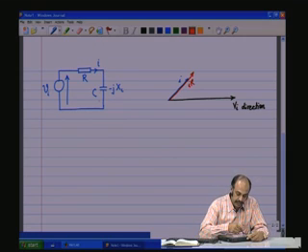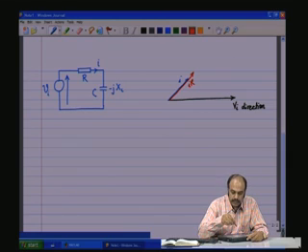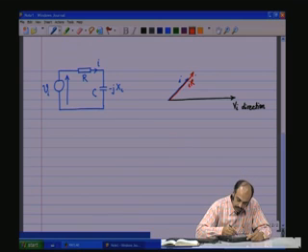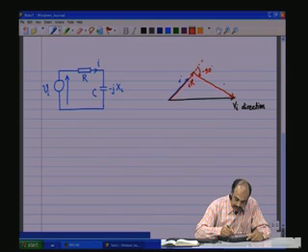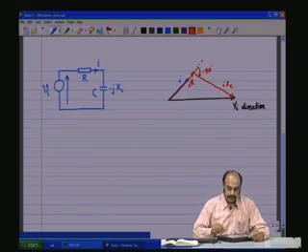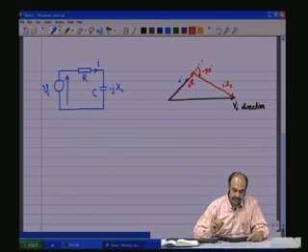Now, the voltage across this is going to be I into X C, but there is a minus j, which means minus 90 degrees rotation, and this is I X C. This is the phasor diagram that we obtained in the last class.